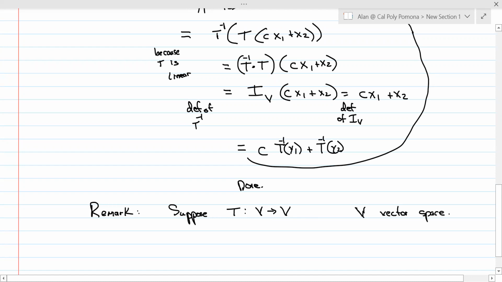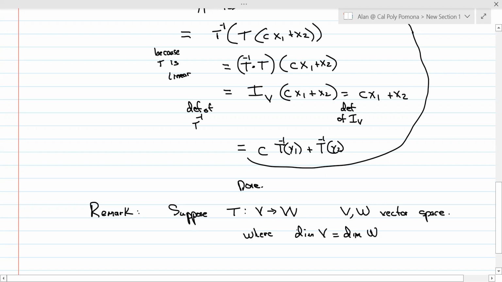So if you're in that situation, no, it's not quite saying that. Take it back. You're going from V to W. So you don't have the same vector space, but you have two vector spaces, V and W. Here's what they're assuming, where the dimension of V equals the dimension of W.